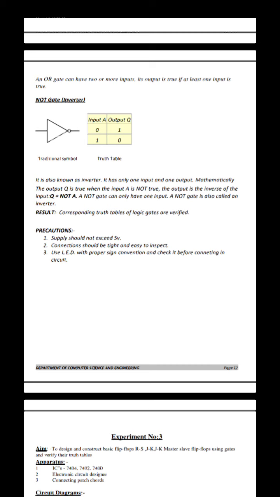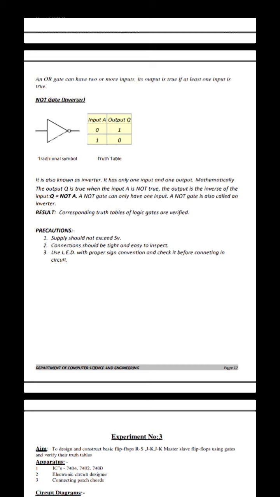For example, now we give the value A equal to 0, B equal to 0. At that time, we do the AND operation, Y equal to A dot B or A and B. With A equal to 0, B equal to 0, you get 0. And the second combination of input is A equal to 0 and B equal to 1.